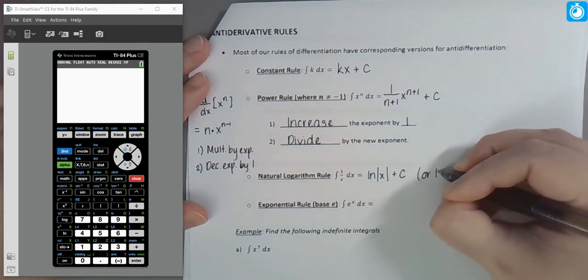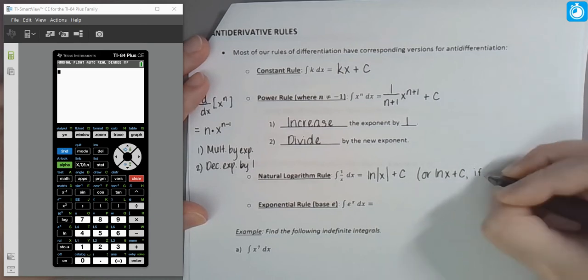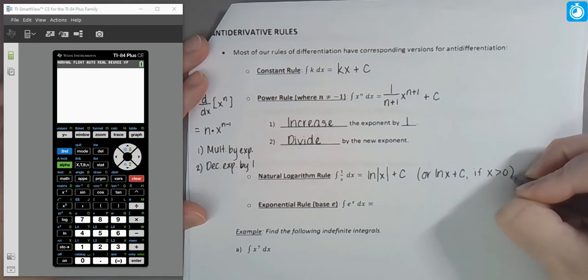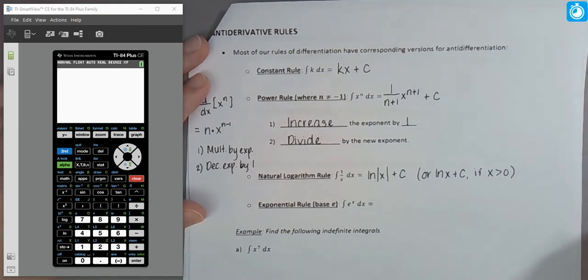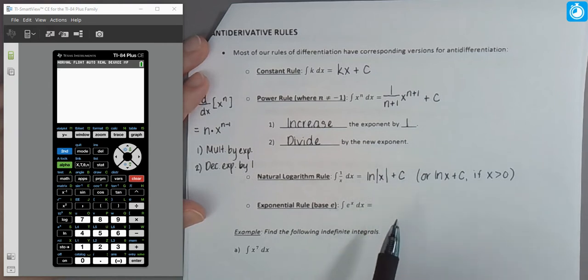Or we can just say natural log of x, no bars, plus c, if we know that x is greater than 0. If we don't have any information about x, then we assume we're going to have to put the absolute value bars. And then last but not least, our exponential rule.